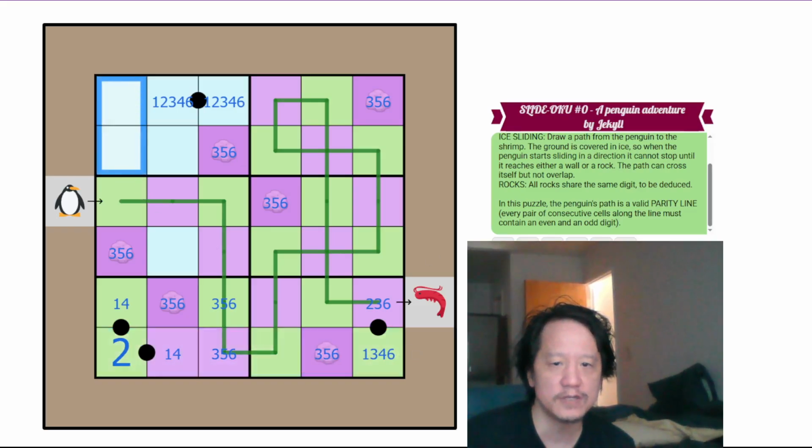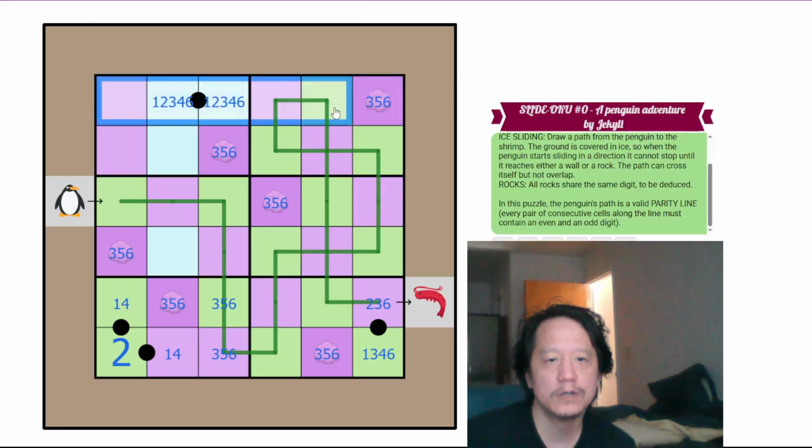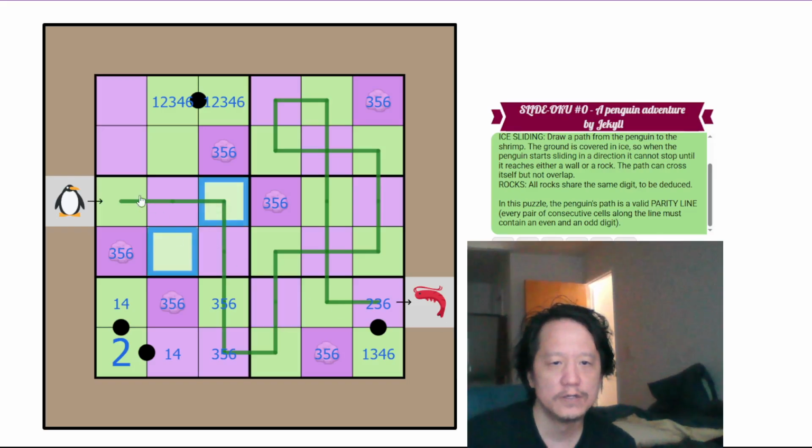That leaves these as pink here. We have 3 pinks in row 1, so then we have to have green, green here, and this is green here. And we have 3 pinks in column 2, so this is green. So yeah, this is the correct path.